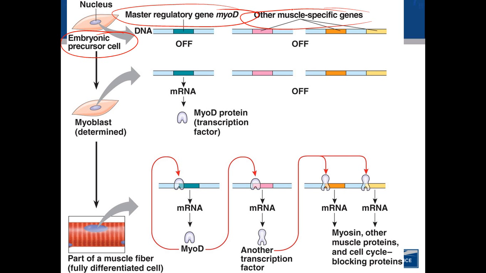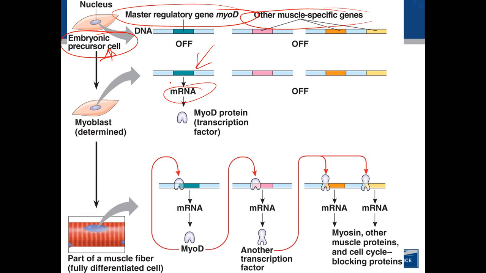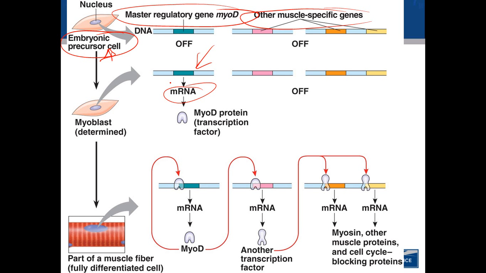Well, there are some neighboring cells that will send a signal to this embryonic precursor cell. That signal may be a transcription factor, but at any rate, it causes a cascade effect, if you will, and it causes this master regulatory gene MyoD to be activated. So now it's going to make a messenger RNA. That messenger RNA is going to make the MyoD protein, which turns out to be a transcription factor.